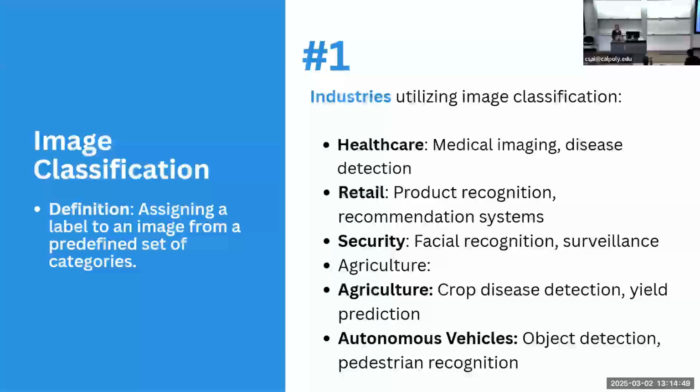Security systems do facial recognition, authentication, and surveillance. In agriculture, you might not have thought of that one, they use it a lot for crop disease detection, yield predictions, and other things. Autonomous vehicles use it for their cameras, object detection, and seeing pedestrians and things like that. Are there any questions on this part?